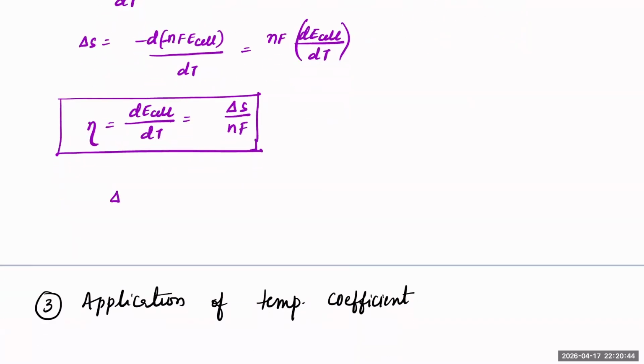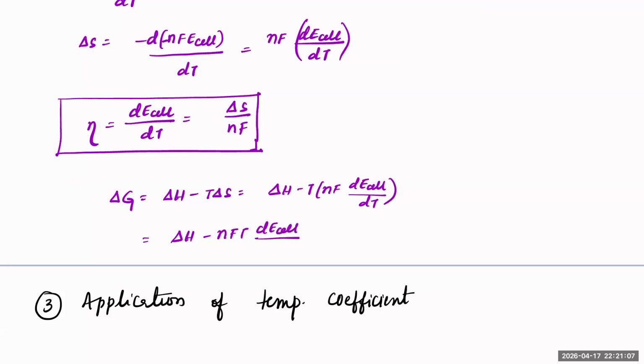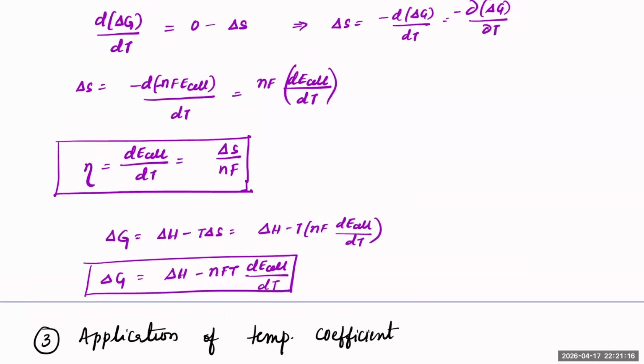Therefore, delta G, which is equal to delta H minus T delta S, can now be written as delta H minus T into NF into dE cell by dT. So that is equal to delta H minus NFT d of E cell by dT. So this is another way of representing delta G in terms of temperature coefficient.